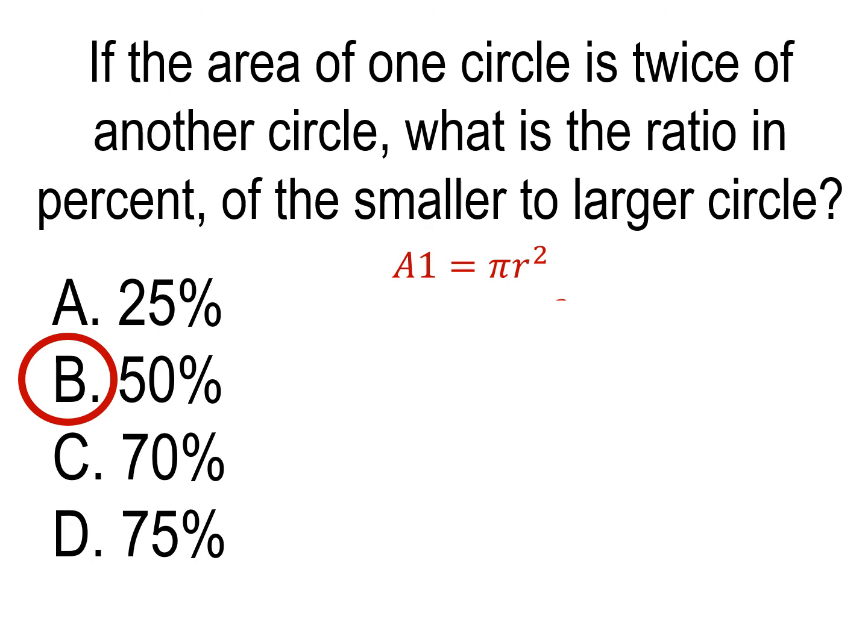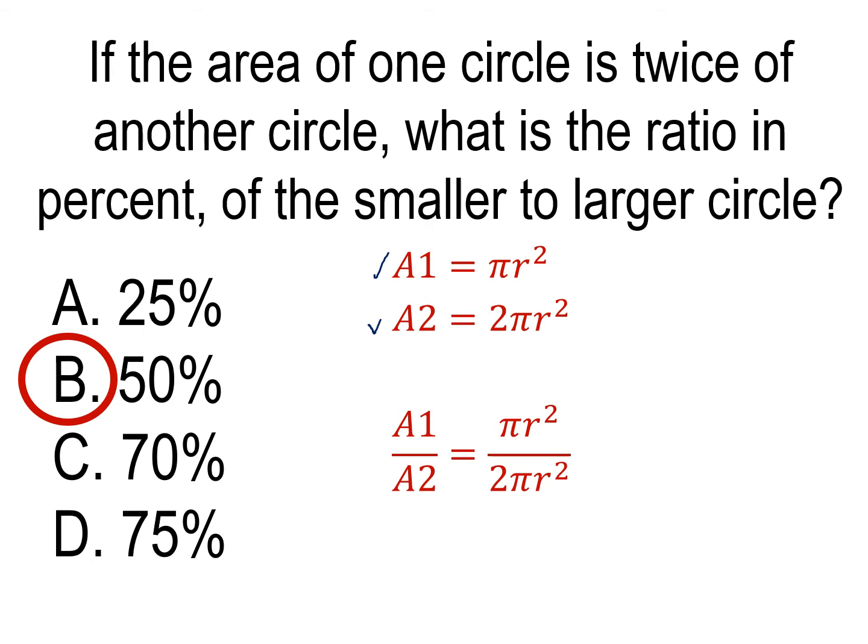And then, area 2, which is the area of the second circle, is twice the area of another circle. So, you are given 2 times pi r squared.